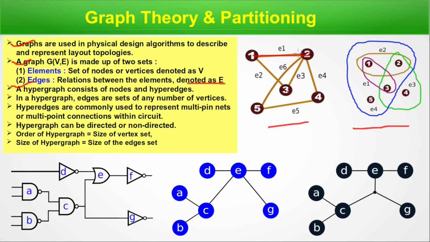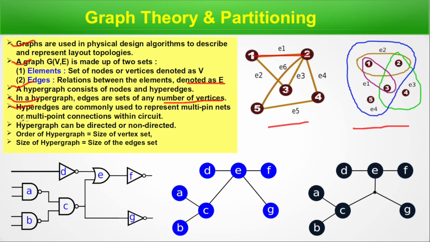In a graph, an edge is connected with two nodes or two vertices. In a hypergraph, multiple nodes can be connected. Edges are sets of any number of vertices, not restricted to 2. Hyperedges are commonly used to represent multi-pin nets or multi-point connections within circuits.